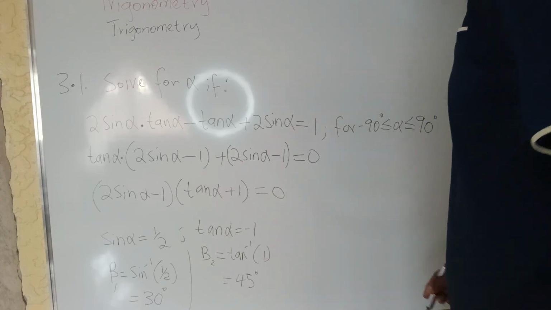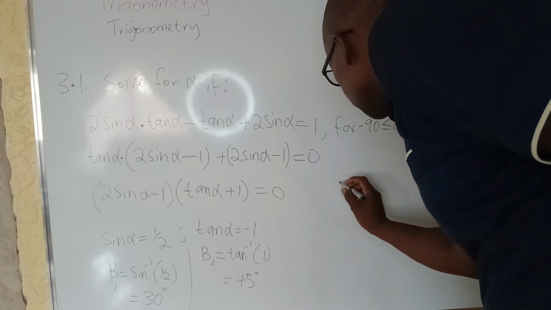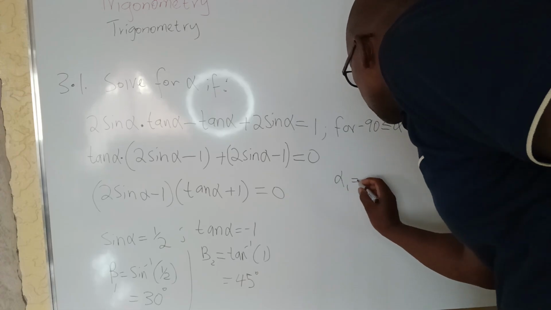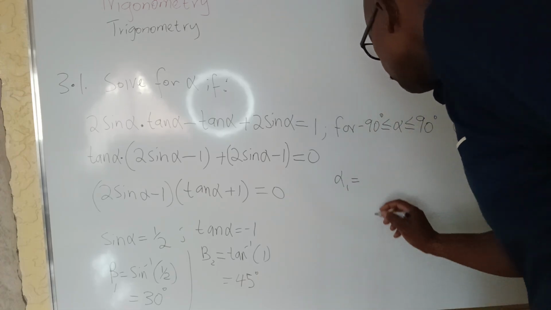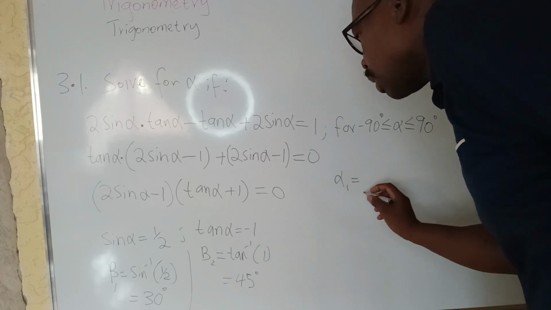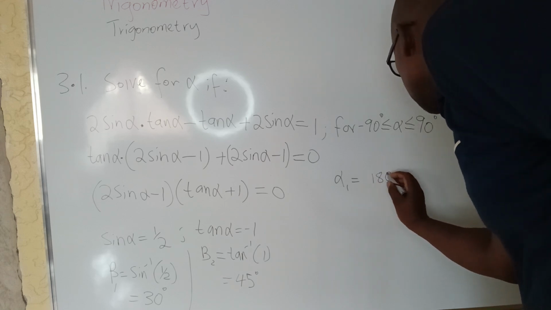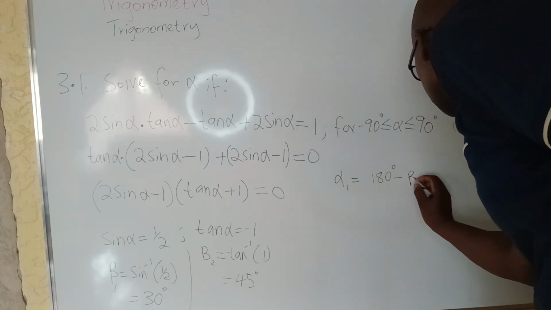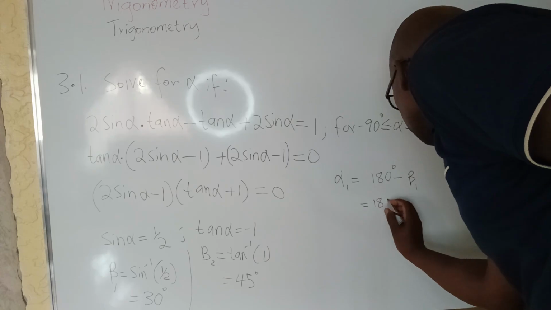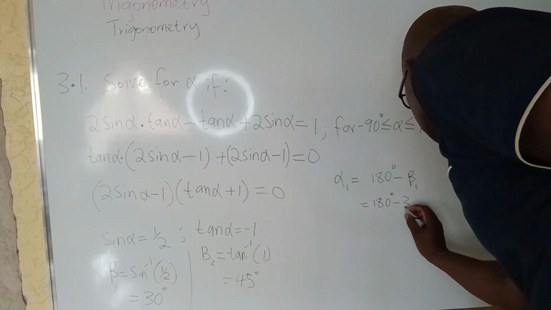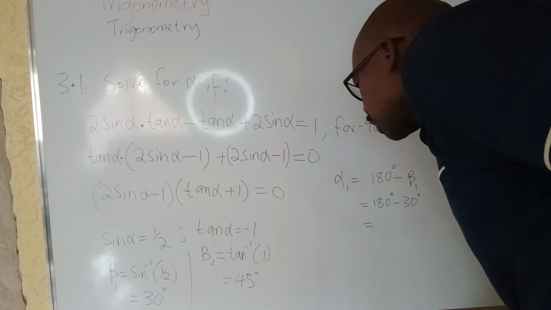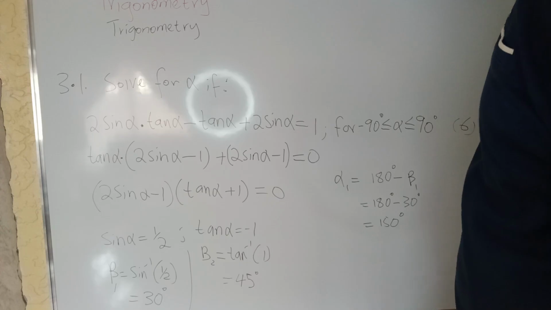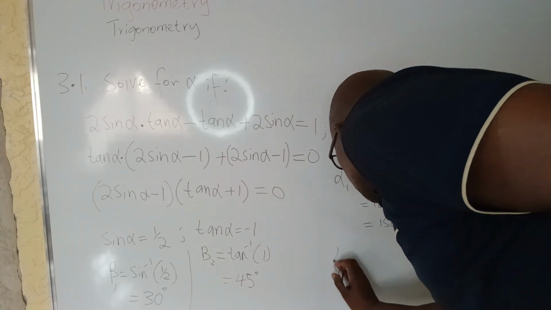So in the second quadrant, we have alpha, let's call it alpha 1, is equal to 180 degrees minus your reference angle. This time around, your reference angle is beta 1. So 180 degrees minus 30. So in that second quadrant, you have 150 degrees. Okay, now you got alpha 1. You need alpha 2.